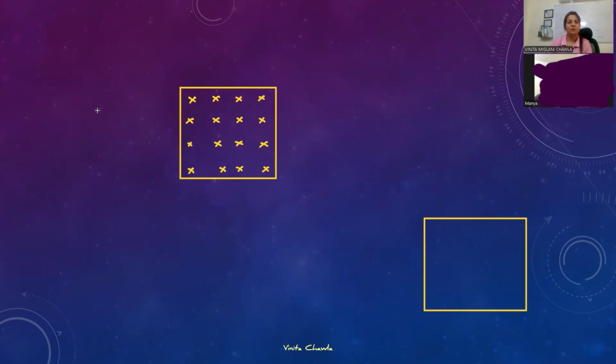And we have a coil here, and this coil is moving into the magnetic field. This is the direction of motion of the coil. So how will the current be induced in the coil?